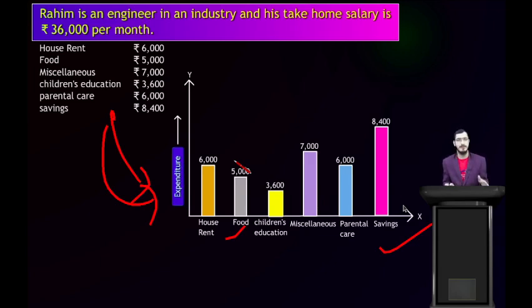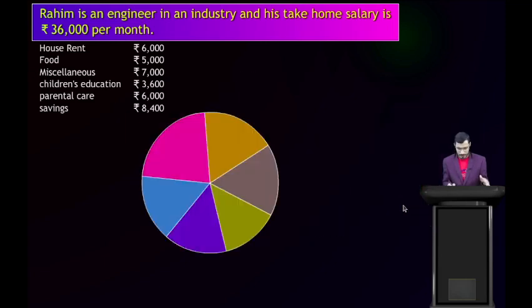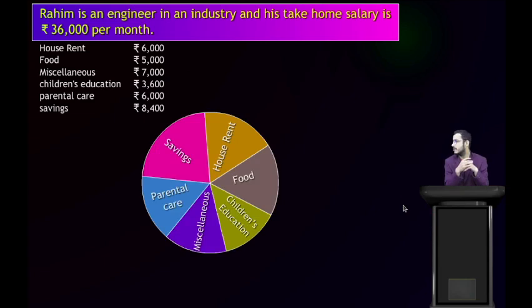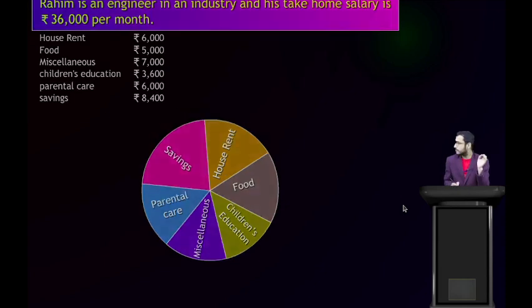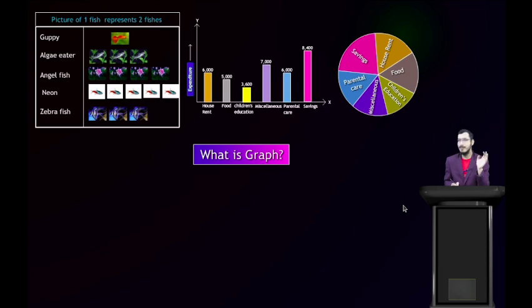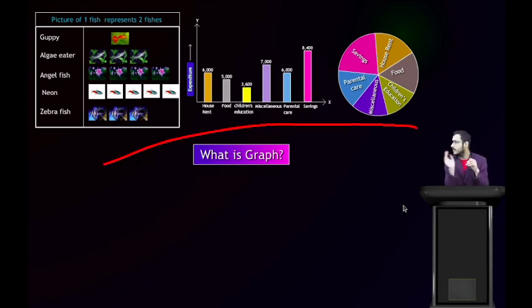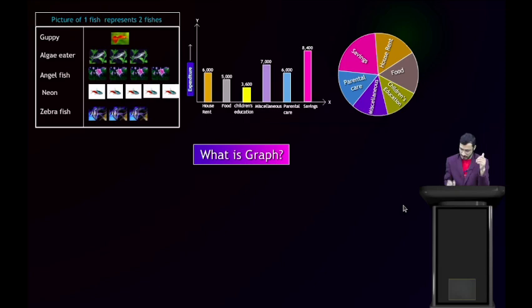Now we can represent it like this, that is also a graph, or we can say a pie chart. That type of graph is a pie chart. So these all three are graphs: the first graph, second and third one. What is a graph?